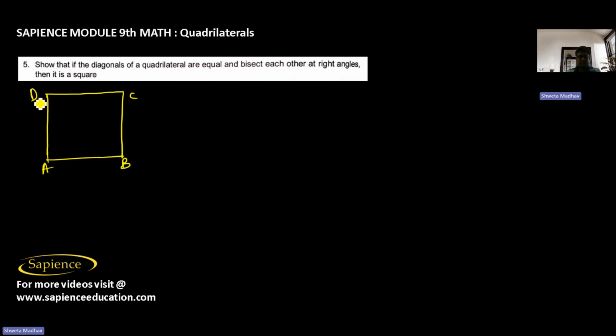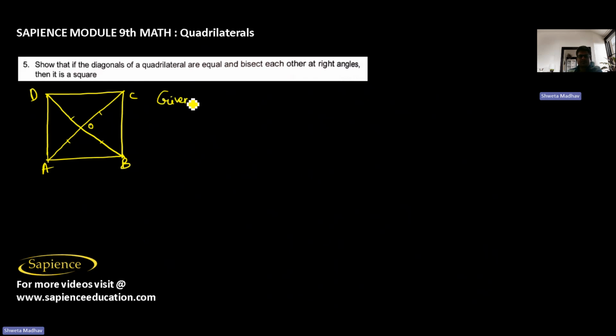When we take a quadrilateral ABCD such that the diagonals are equal, and they bisect each other at O at right angles, then you have to show that it is a square.